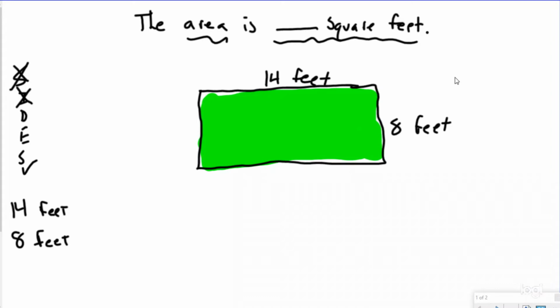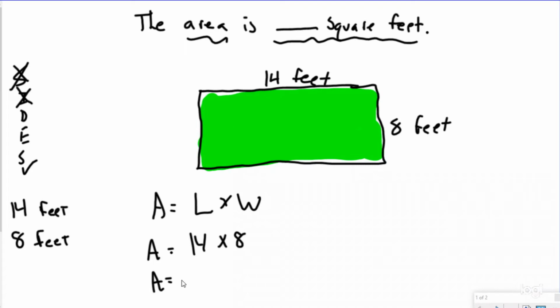Now, if you're familiar with this, you might know your formula of area equals length times width, and you might be able to plug in that your area is going to equal 14 times 8 and solve it to figure out your area. For those who don't, let's take a quick timeout and check out our rectangle of math.